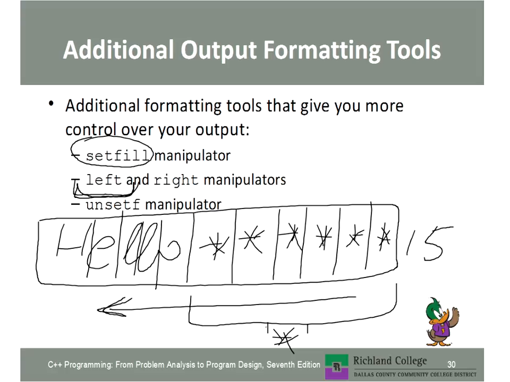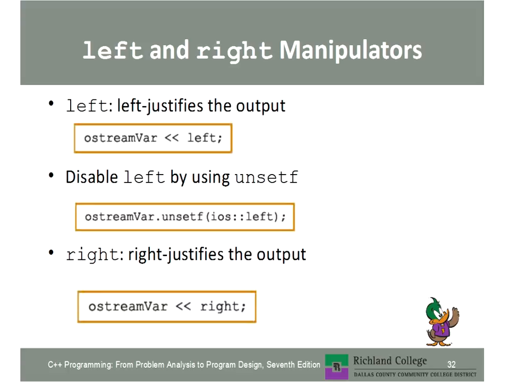So that's what the setfill manipulator is doing. Left and right do not have parameters, and if they do not have parameters, you do not need the iomanip library.